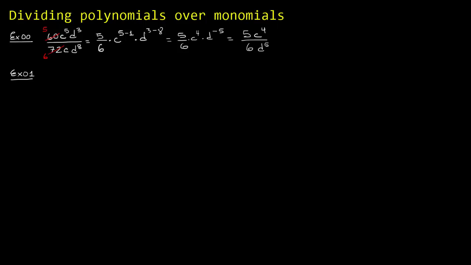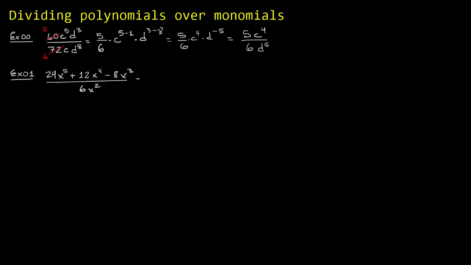I'm going to start with this one. It will be 24 x to the 5th plus 12 times x to the 4th minus 8 times x to the 3rd, all over 6 times x squared.